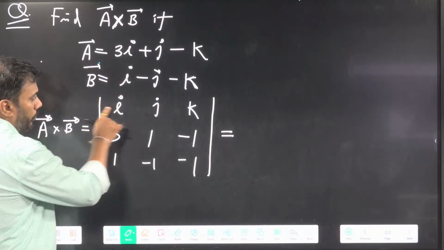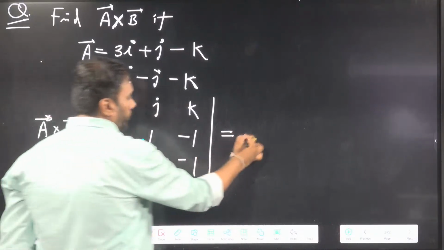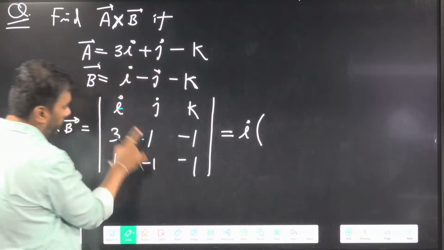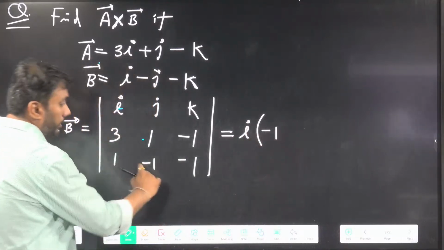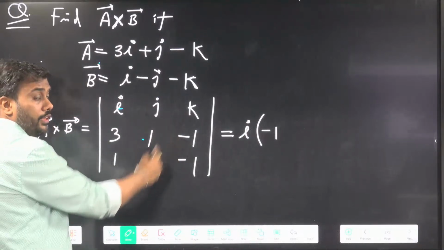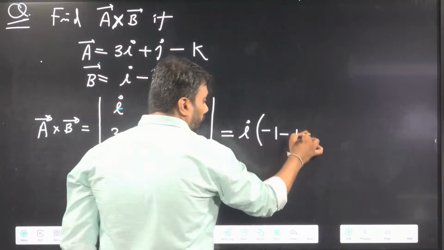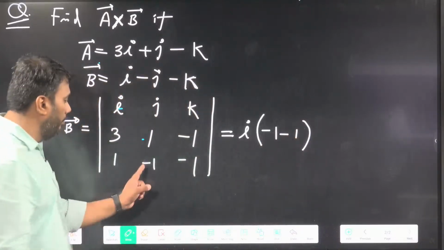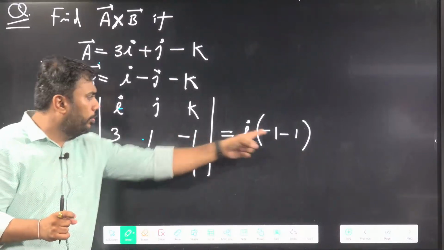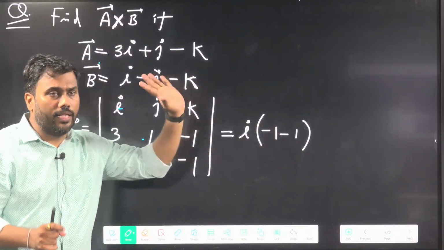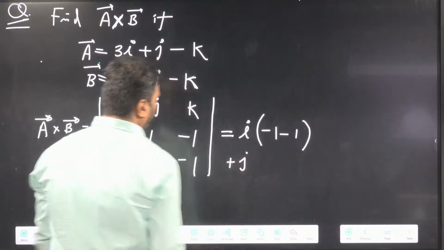So i into, removing this row and column, 1 into minus 1, which is minus 1. Then negative of minus 1 into minus 1. Minus 1 into minus 1 is plus 1, but I need to put a negative sign in between, so I will get a minus 1 here. Then j.